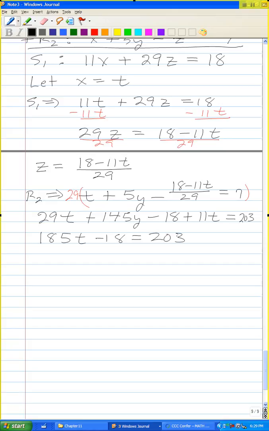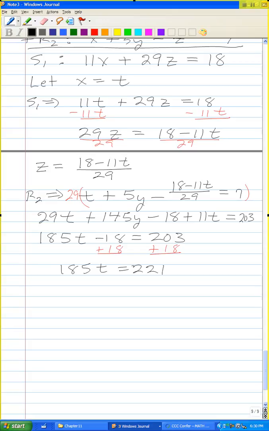Let's add 18 to both sides of my equation. And so 185t is equal to 221.